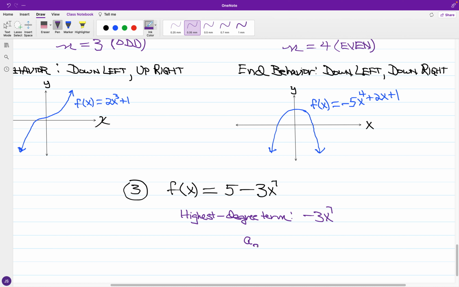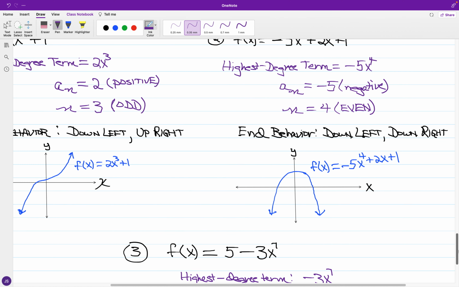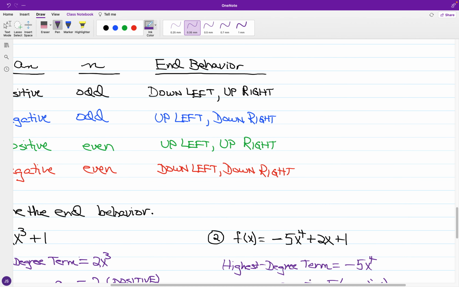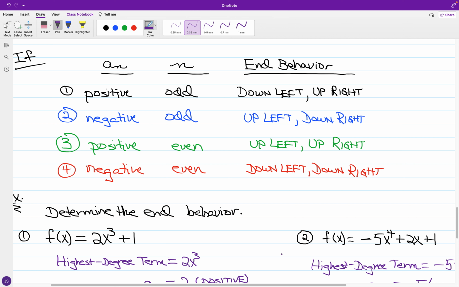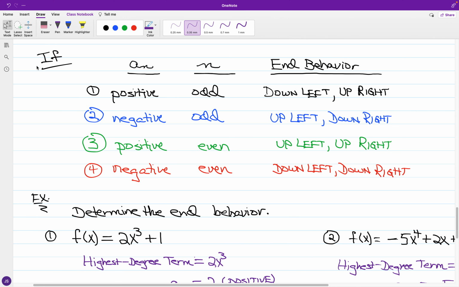And for the leading coefficient, a sub n, again we have minus 3, so the sign of a sub n is negative. And for the degree n, that is going to be 7, which is odd. This time, whenever we have a sub n negative while n is odd, we'll have for the end behavior up to the left and down to the right.